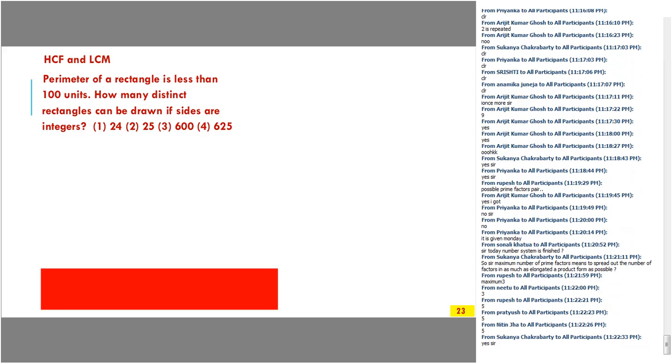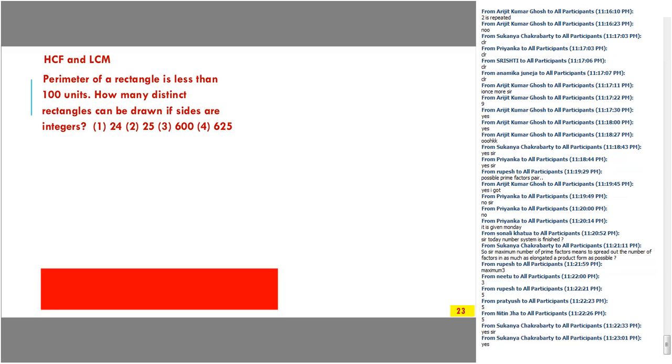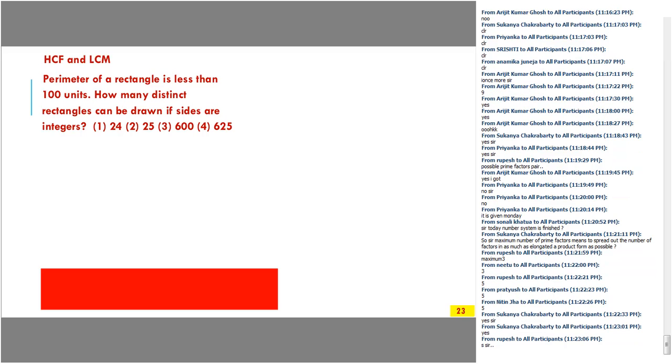Now answer this question. This is a typical question which you will not be able to do in the exam immediately. Check this out. We'll also have one more class on numbers and remainder theorem. We couldn't finish that today.